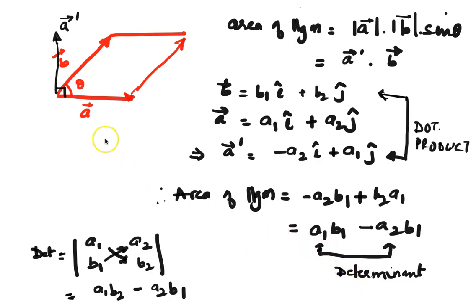So basically, the area of the parallelogram is given by the determinant of vector A and vector B.